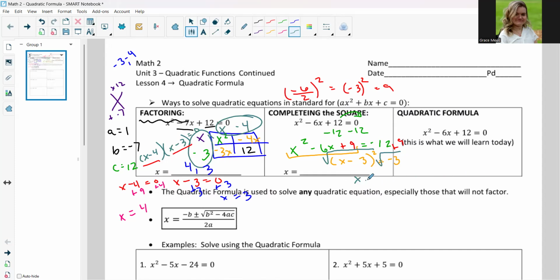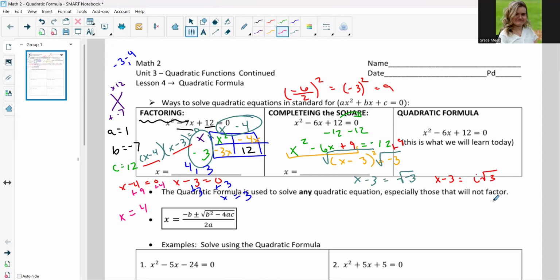So we're going to have x minus 3 equals the square root of -3, and we obviously need to simplify this. Remember, the square root of negative 1 represents i. So I can pull out an i and say x minus 3 equals i square root 3.